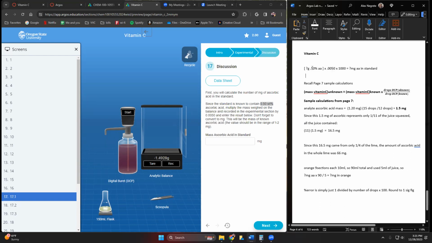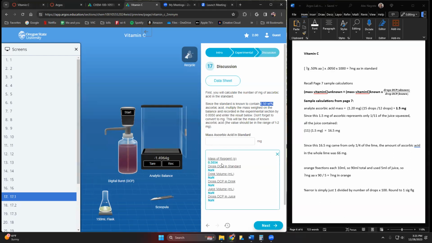So whatever the mass is of the ascorbic acid, here's the reagent, this is it, the ascorbic acid. I would take this value here, 0.3034, times it by 0.0050, and that would be in grams, but we need milligrams, not grams. So we convert that by multiplying it by 1,000, and that would give us our milligram standard there. So we can answer that question there.